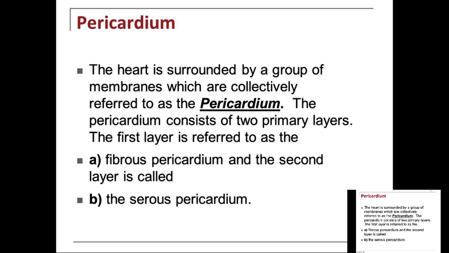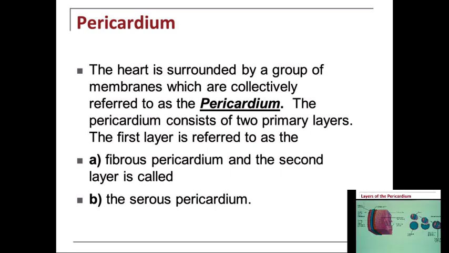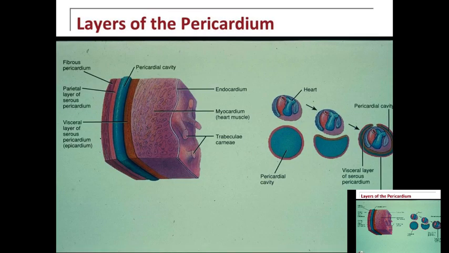So the pericardium, the heart is surrounded by a group of membranes, collectively referred to as the pericardium. And the pericardium is going to have these 2 primary layers. So there's a fibrous pericardium, and then there's a serous pericardium. So when we look here, here is the fibrous pericardium, and here is the serous pericardium.